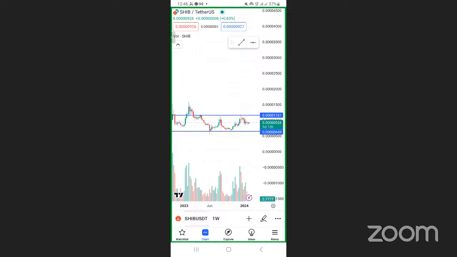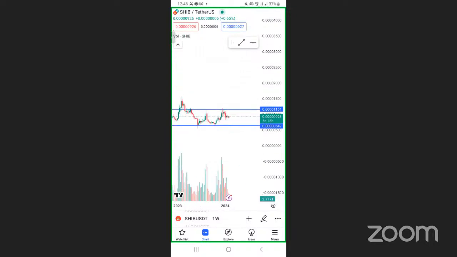Are you getting me? So now the best way to trade, I want to give you a trick. The best way to trade the ranging market, like what SHIB is doing, for you as a spot trader, remember our target is to buy low and we sell at a higher price.